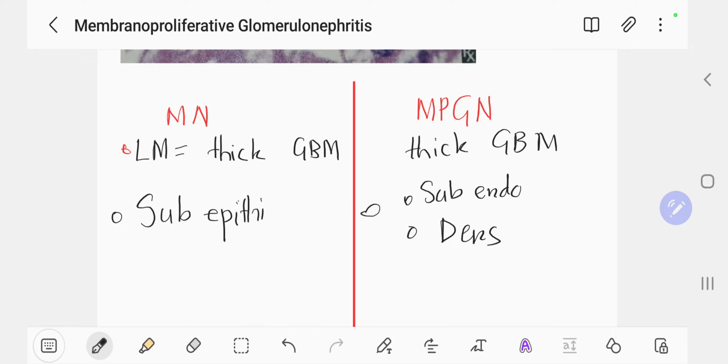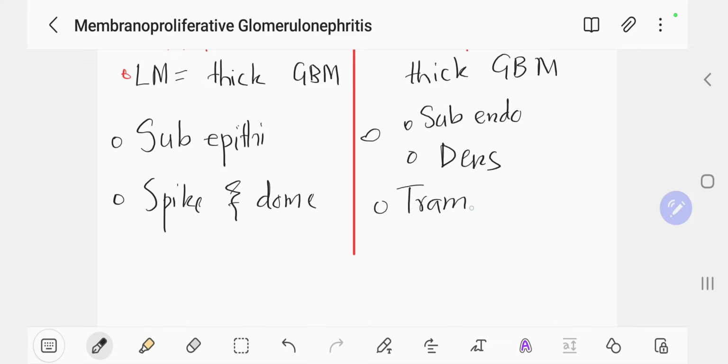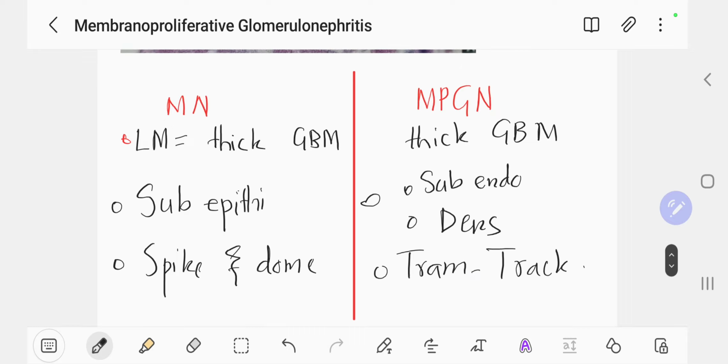Two types of deposition occur. This is actually important. Here will be the spike and dome appearance. Here will be the tram track appearance. This is the most important differentiation between them. This is easy.